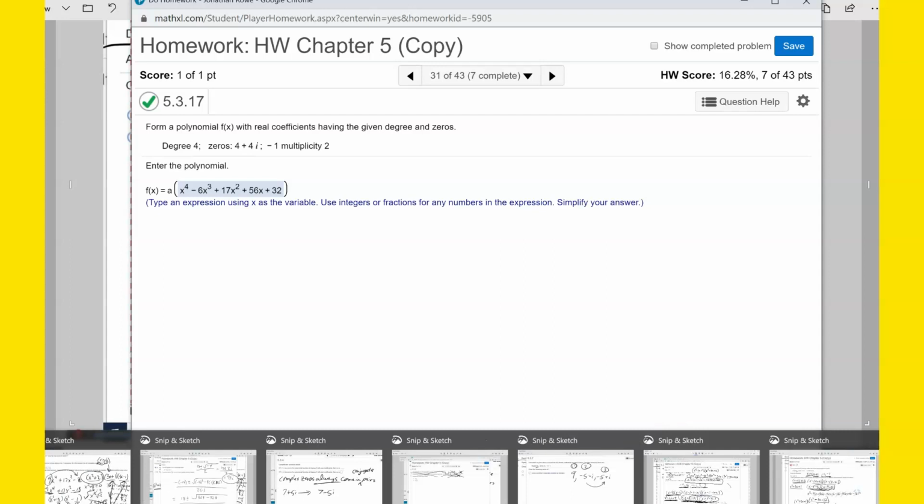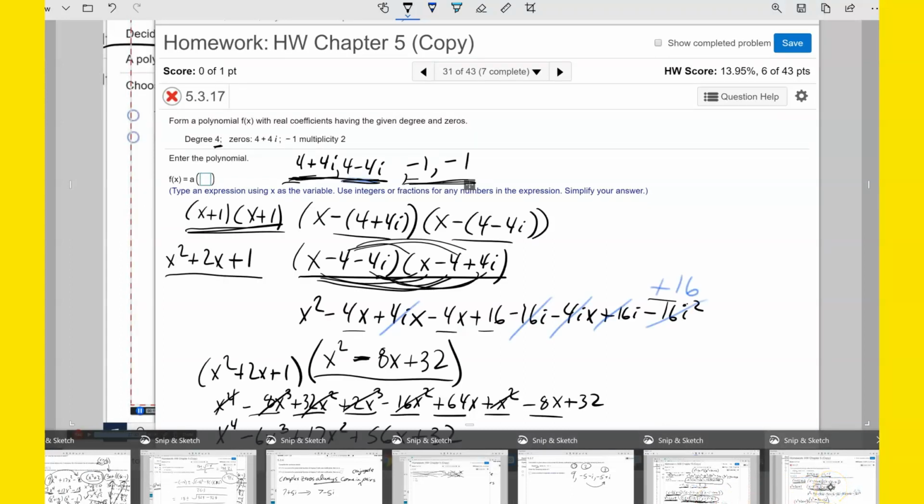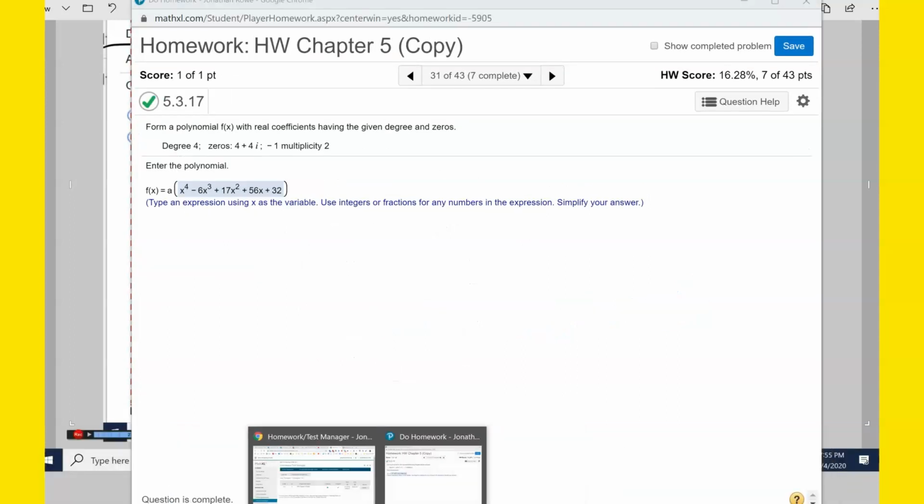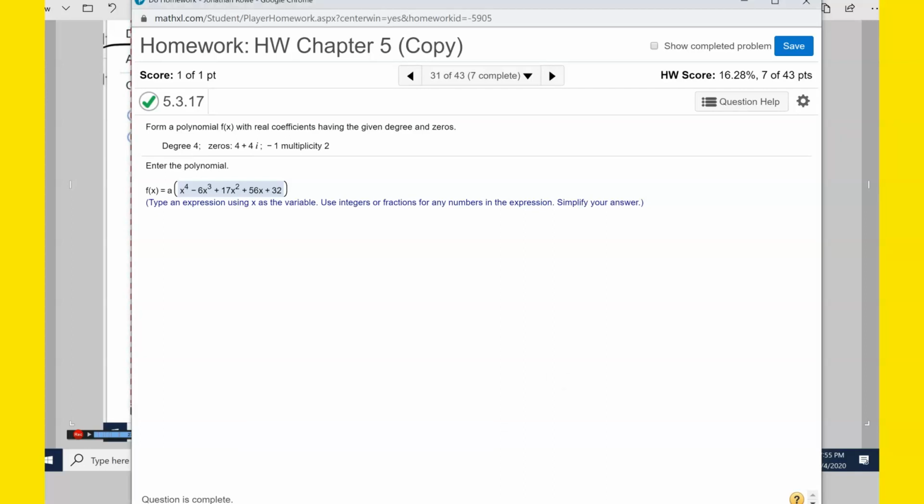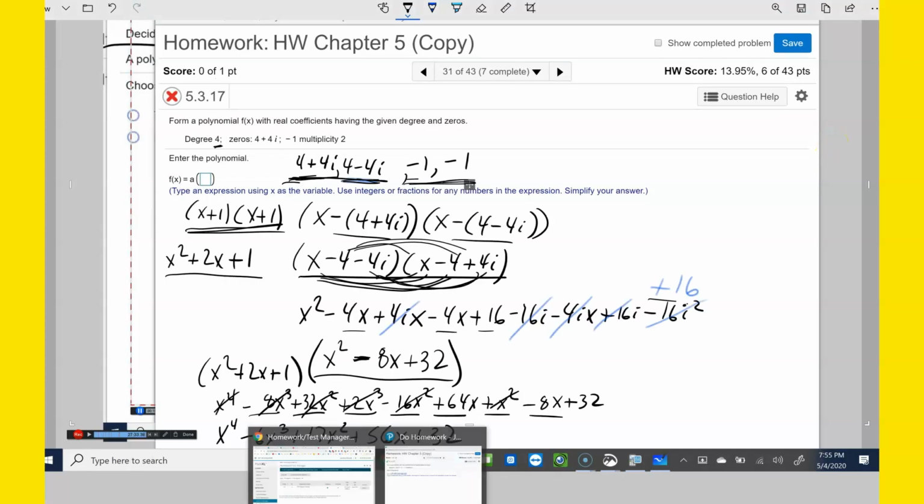I want to make sure. x to the 4th minus 6x cubed plus 17x squared plus 56x plus 32. Yeah, that's it. Good. All right. I do not enjoy that problem too much, but it is important to know how to do it. Moving on to the next one.